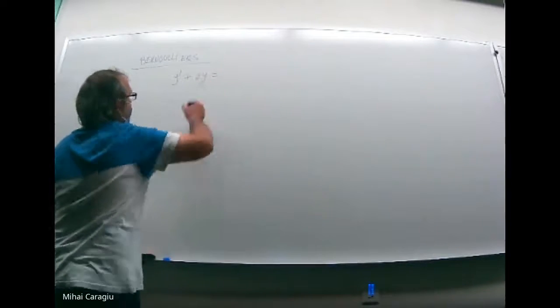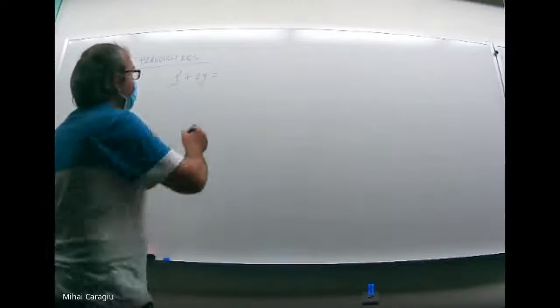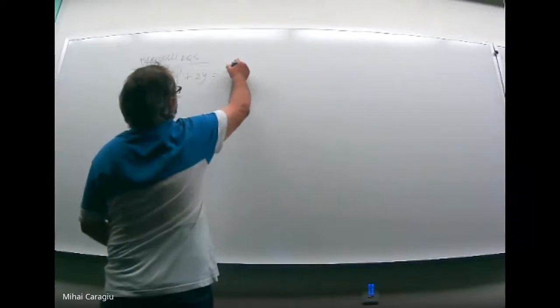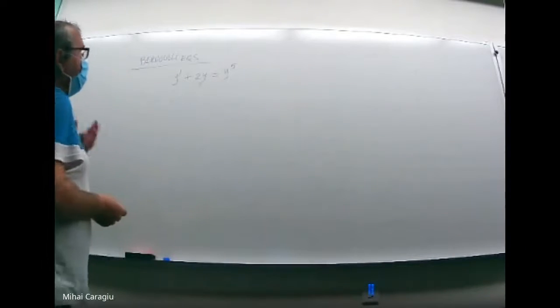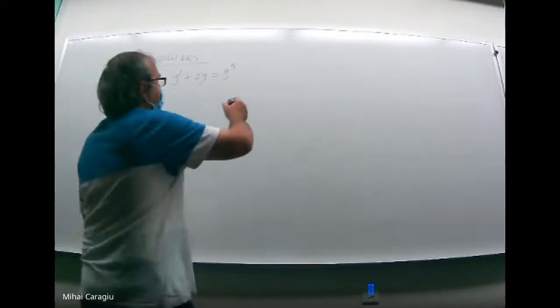y prime plus 2y equals y to the power 5. So this is standard Bernoulli form. What's the standard Bernoulli form?